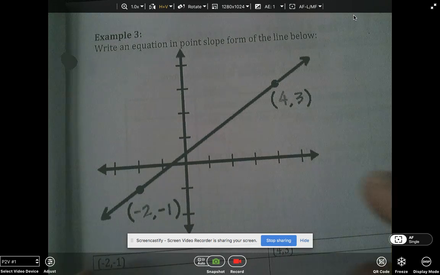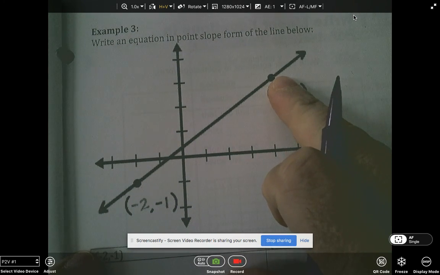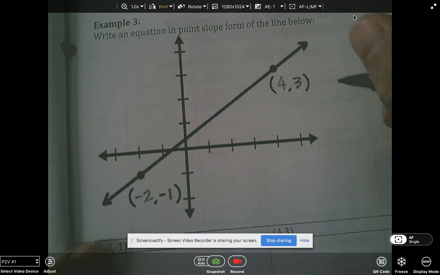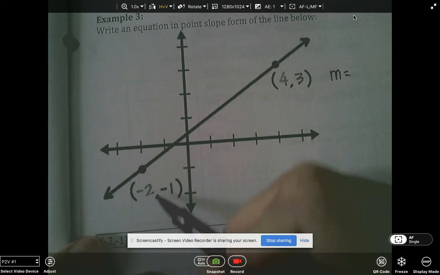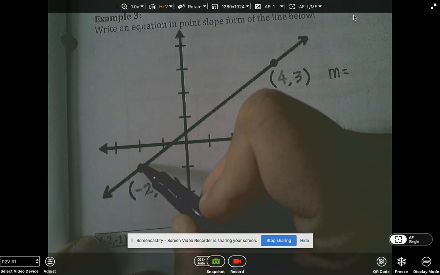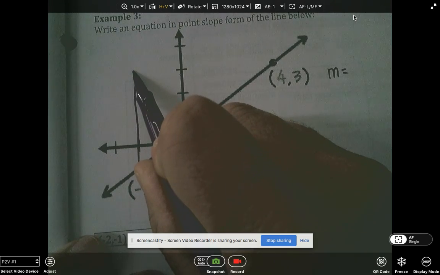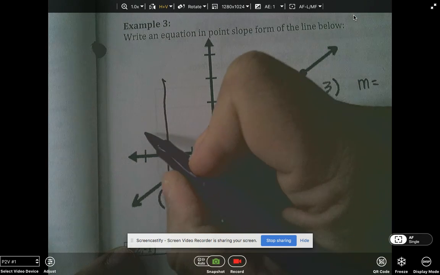So again, we need either point and we need a slope. So the first thing we need to do is let's try to come up with the slope. So let's see, this starts here at -1, and then it rises to 3. So what's my rise so far?